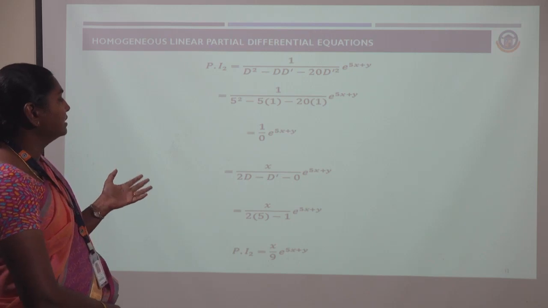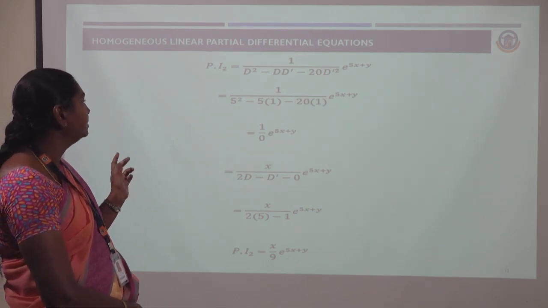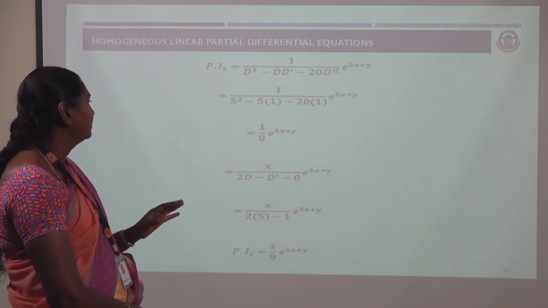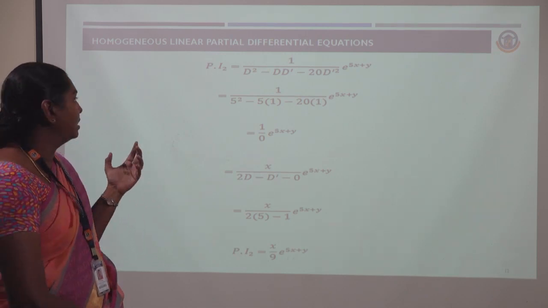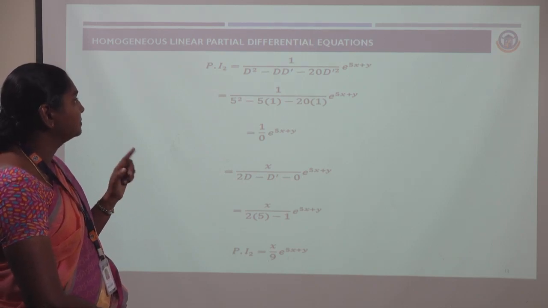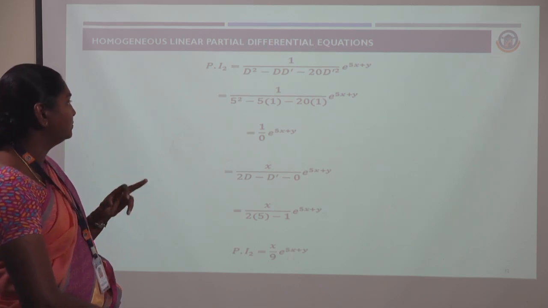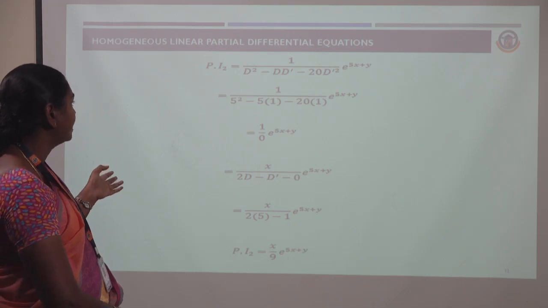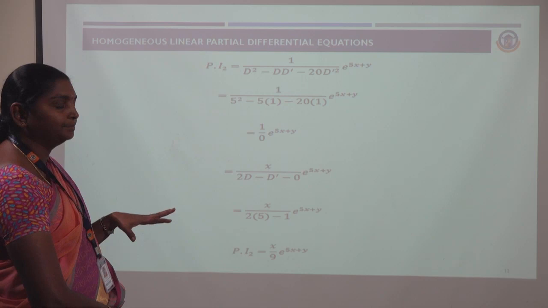So we can go to the next particular integral, e power 5x plus y divided by D square minus DD dash minus 20 D dash square. Here we have the first case, so you must use the a value instead of D and the b value instead of D dash. Here the a value is 5 and the b value is 1. We substitute these in the denominator. We get 5 square minus 5 into 1 minus 20 into 1.